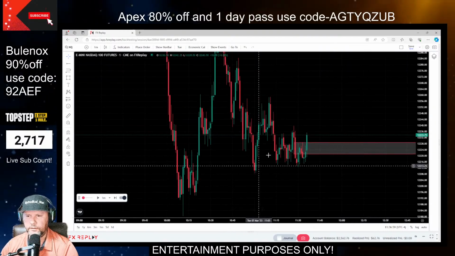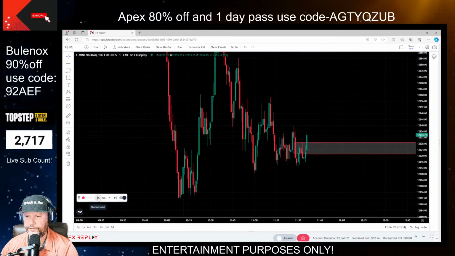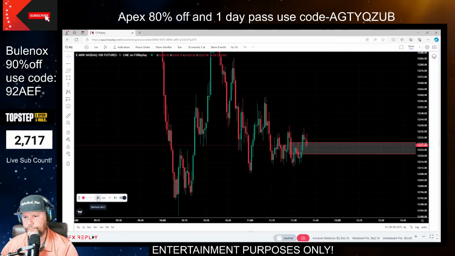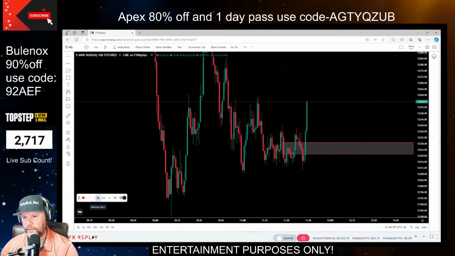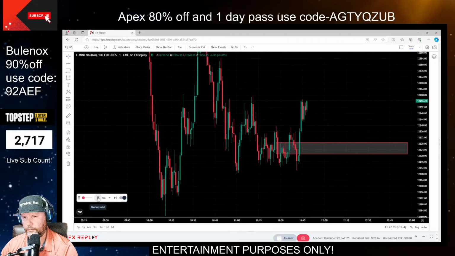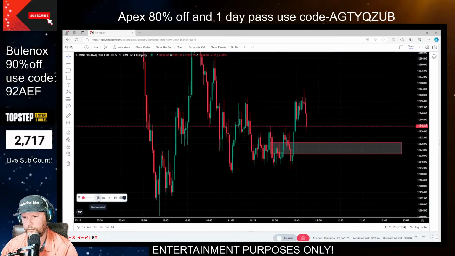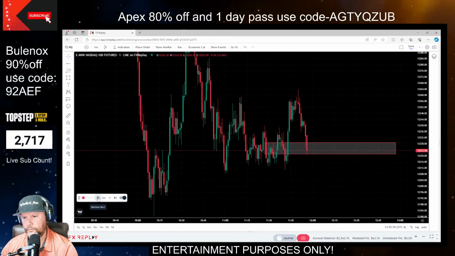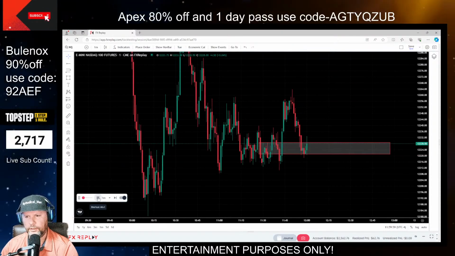I think it works because you're scaling your break-evens there, 6 points, but I'm not going to take it. I want to see one more manipulation leg is kind of what I'm thinking here. Just chopping around. Now we're into the lunch hour.